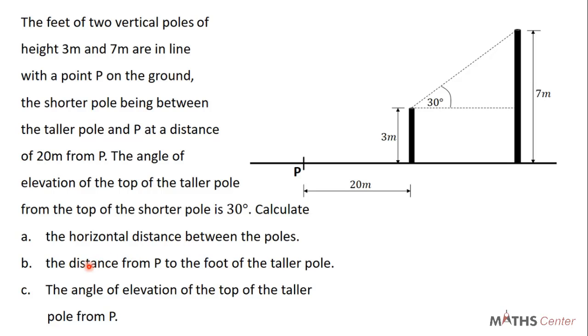It also says that we should find the distance from P to the foot of the taller pole, which is here. We know that from P to the foot of the shorter pole is 20 meters, so we should find from P to the foot of the taller pole. And we should find the angle of elevation of the top of the taller pole from P.